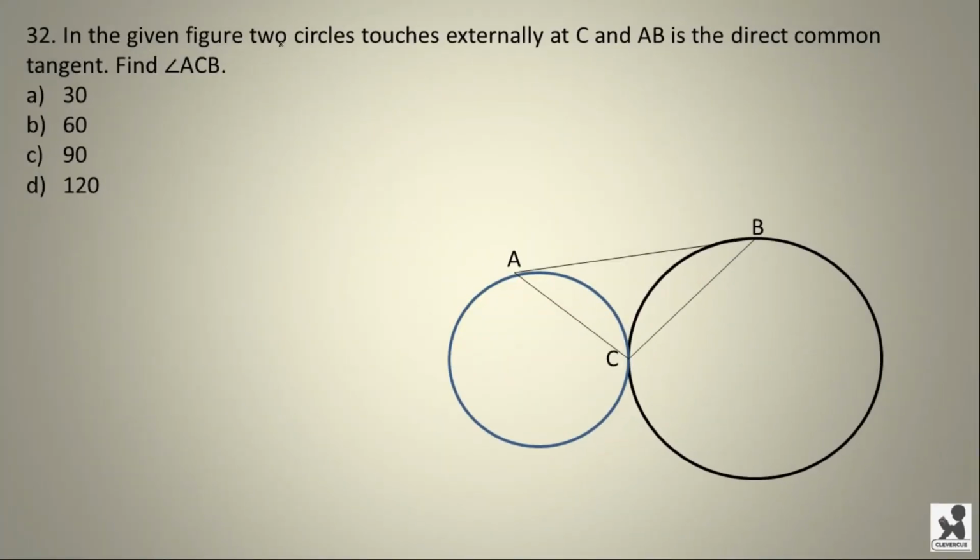In the figure, two circles touch externally at C and AB is the direct common tangent. Now find angle ACB. So we are asked to find angle ACB. Let us name this value as theta.